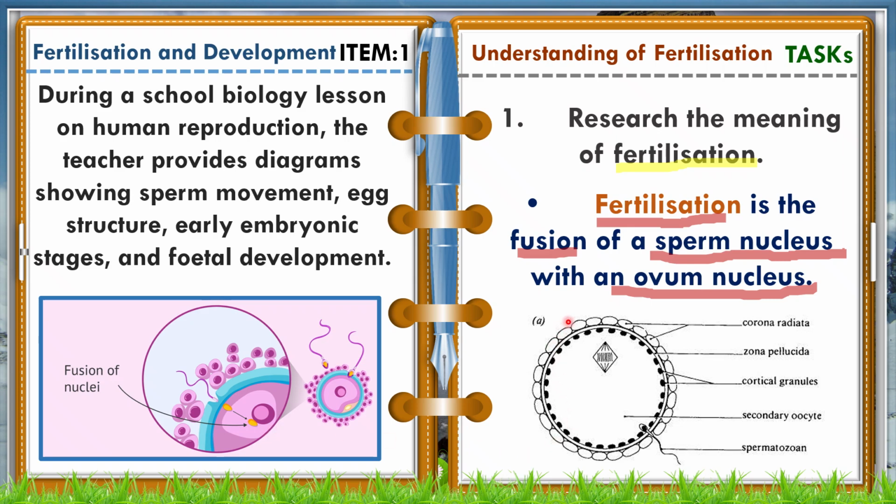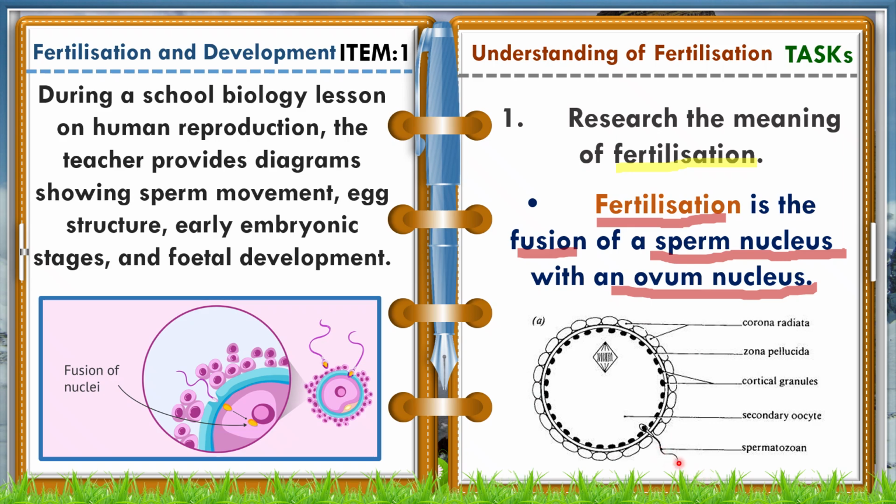When you look here, you will see that this is the ovum. It has got the cortical granules inside. It has the zona pellucida, and the corona radiata, which we said is made up of follicular cells. These ones outside. And here we have our spermatozoan.